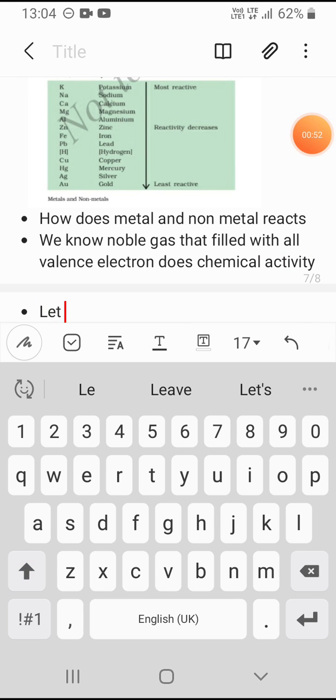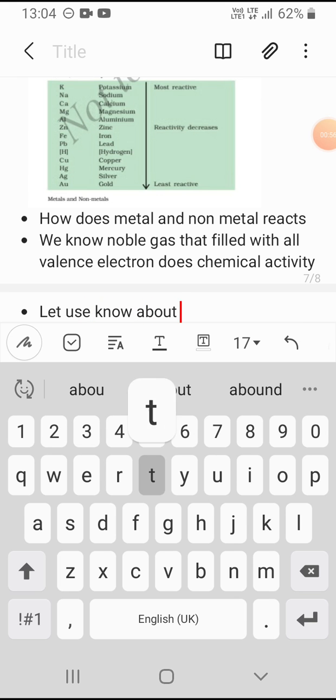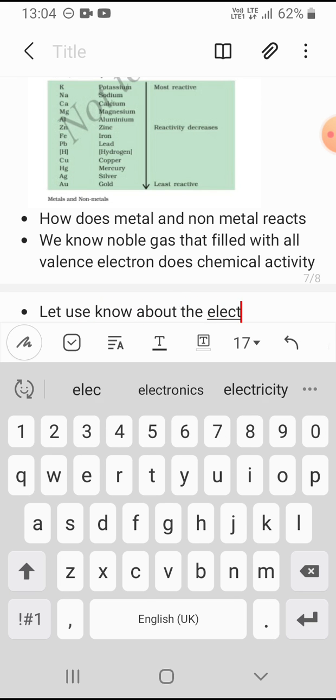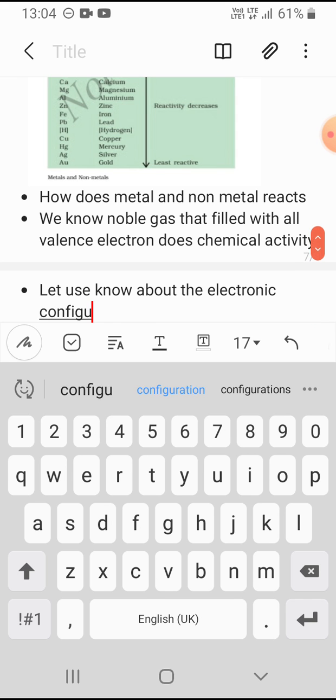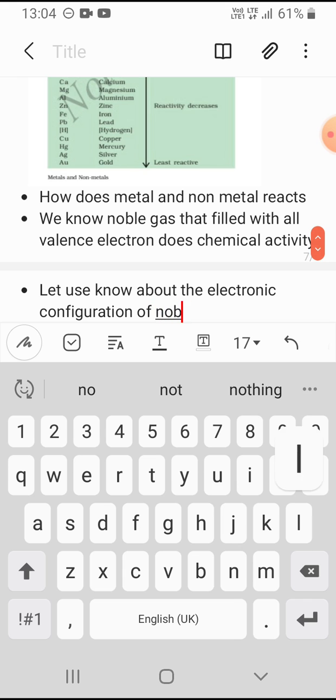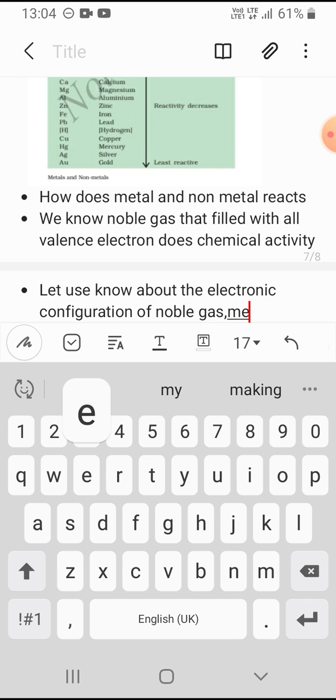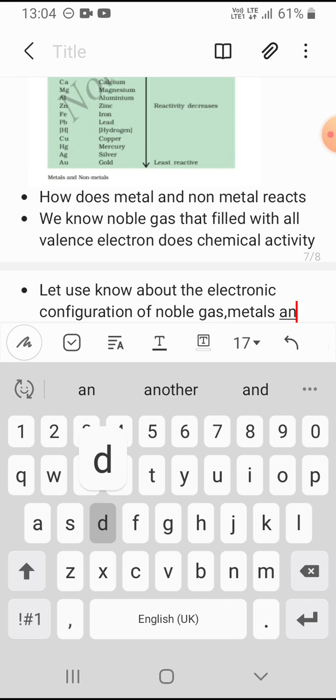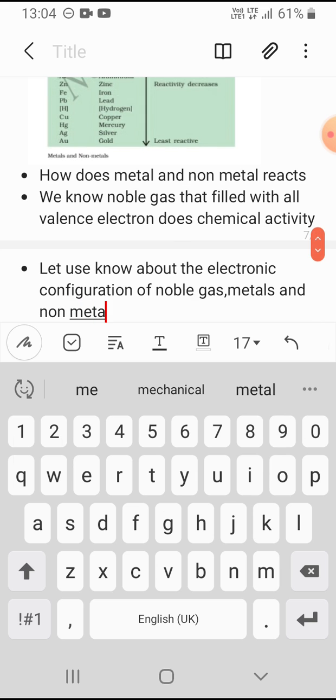Then let us know about the electronic configuration of noble gases, metals and non-metals.